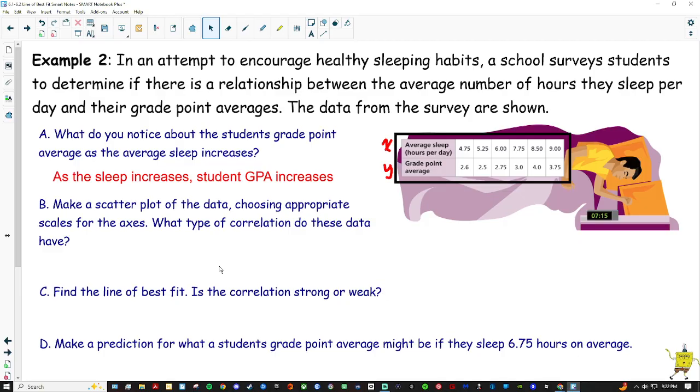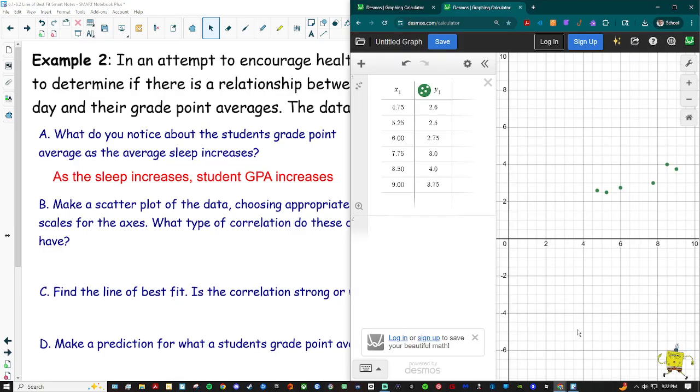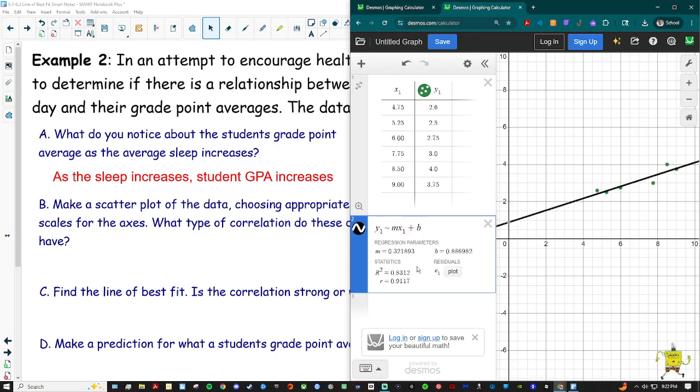Based on our scatter plot, we're trying to figure out what type of correlation this is. Since my points are slowly rising upwards, we know that this is a positive correlation. Now to see if it's strong or weak, I need my cheat code: y1 squiggly mx1 plus b. Again, I have my m value, I have my b value, but I'm looking for my r.